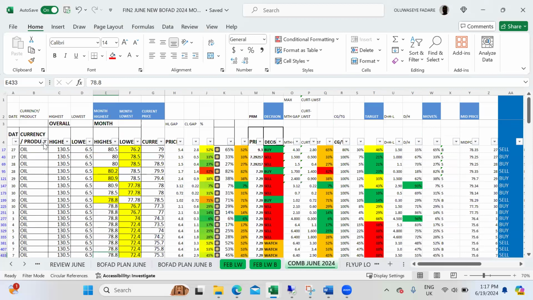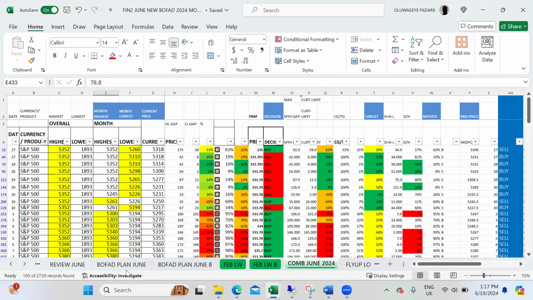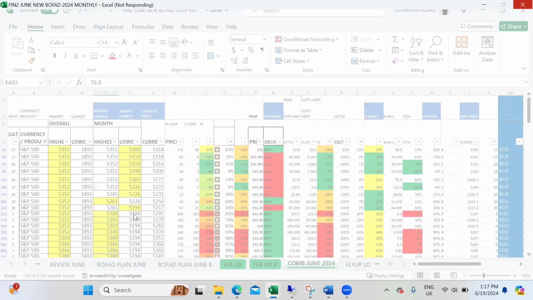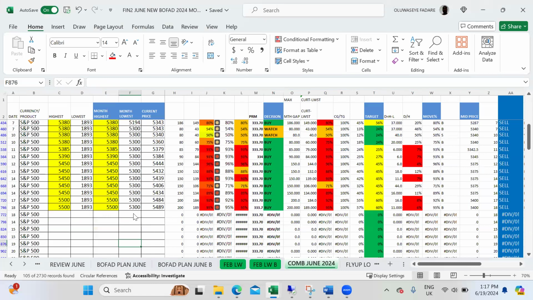The next is S&P 500. So S&P 500, you can see the lowest achieved on the first, 51.94, achieved on the first.